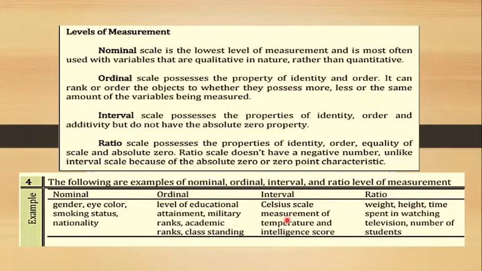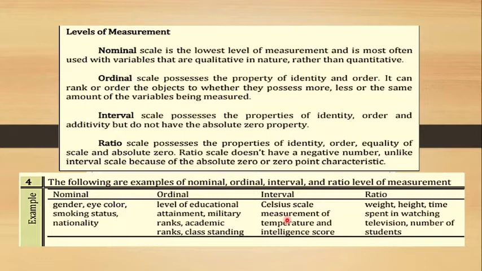So when we say nominal scale, it is the lowest level of measurement and is most often used with variables that are qualitative in nature rather than quantitative. Ordinal scale possesses the property of identity and order. It can rank or order the objects to whether they possess more, less, or the same amount of the variables being measured.